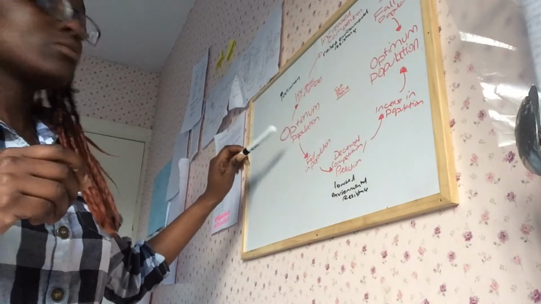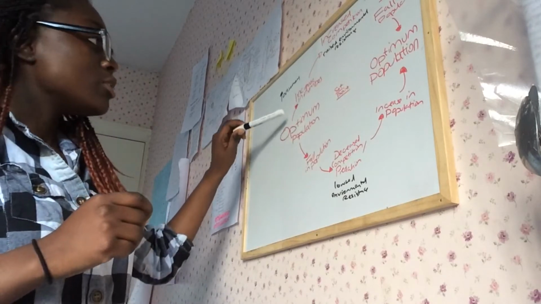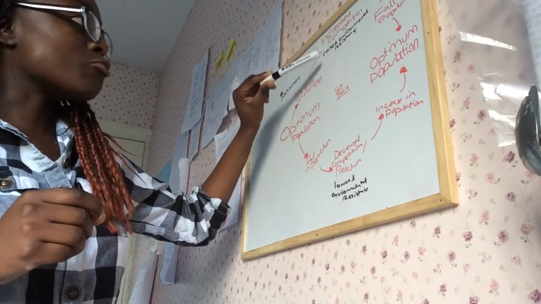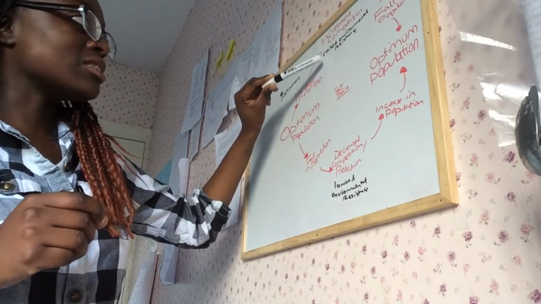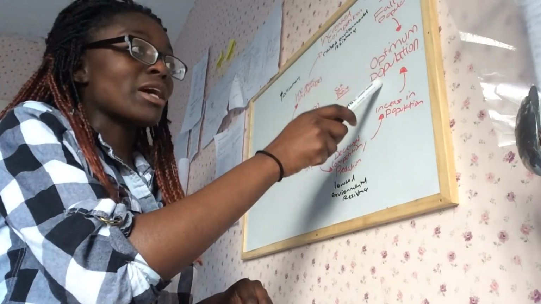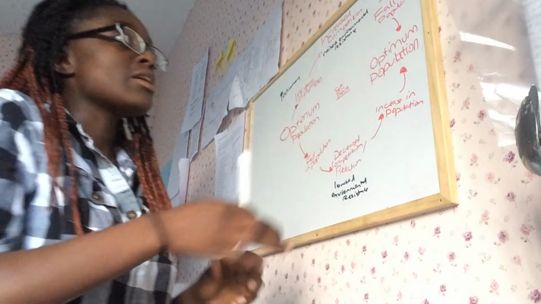If the population was to rise above the set point, you would have an increase in competition and raised environmental resistance. So this will create a fall in the population back to the optimum population size.